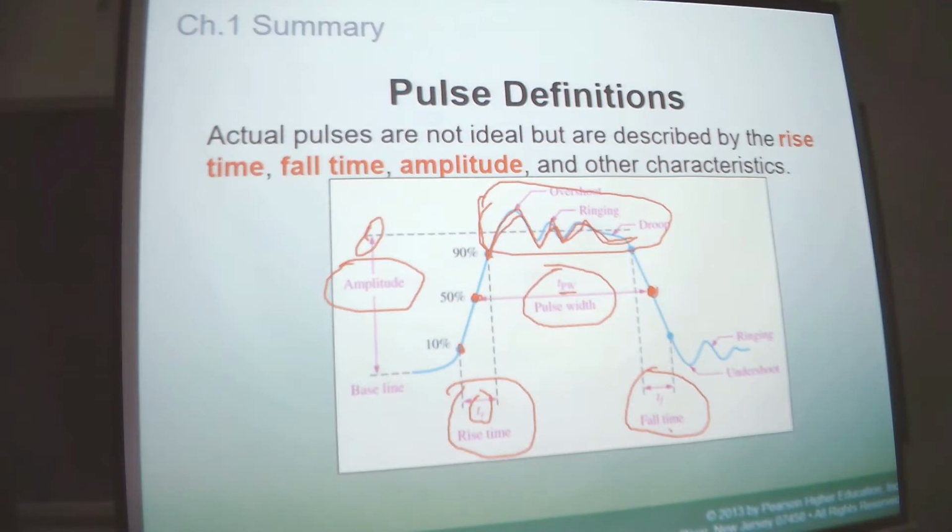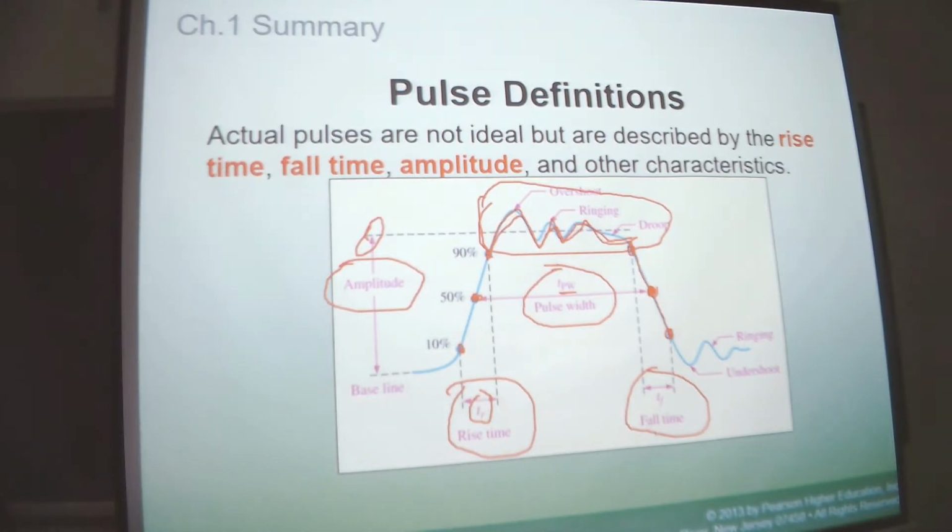And the fourth term, fall time. It is defined as the time difference between the point whose value is 50% of the amplitude to the point whose value is 10% of the amplitude on the falling edge.